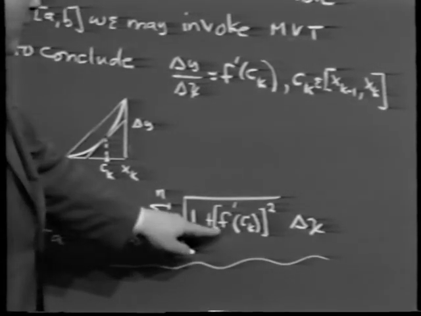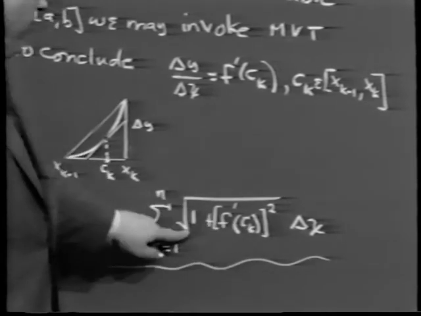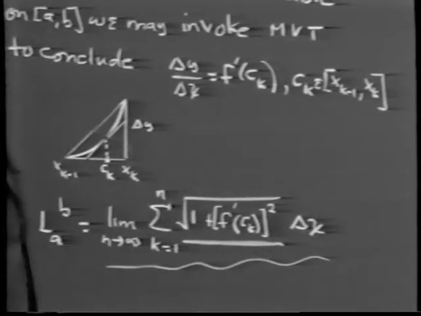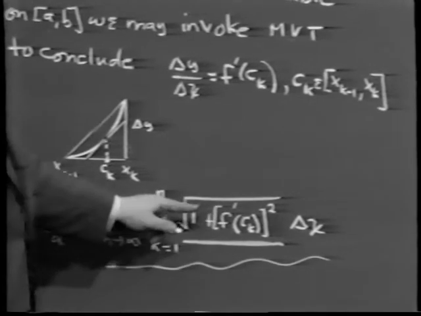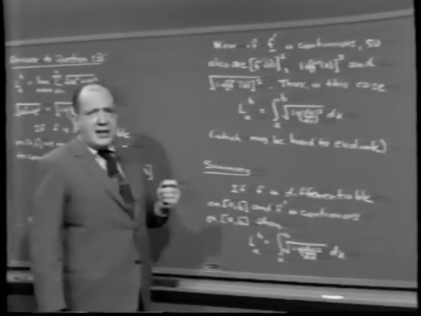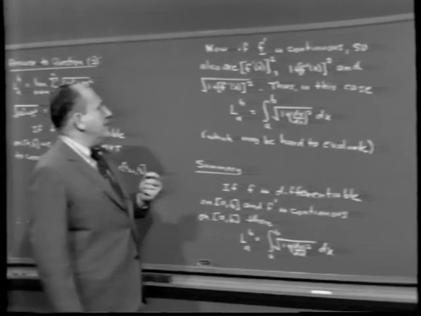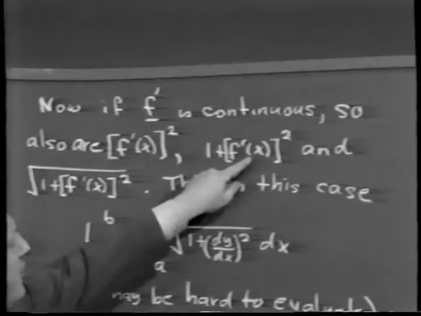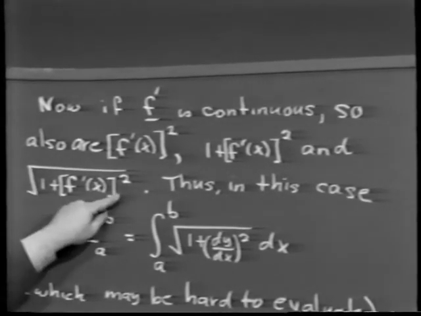In fact, how can we invoke the first fundamental theorem of integral calculus? Remember, if this expression here, it's not an integral yet, happens to be a continuous function, then we're in pretty good shape. In other words, if I can assume that f prime is continuous, well, the square of a continuous function is continuous, the sum of two continuous functions is continuous, and the square root of a continuous function is continuous.